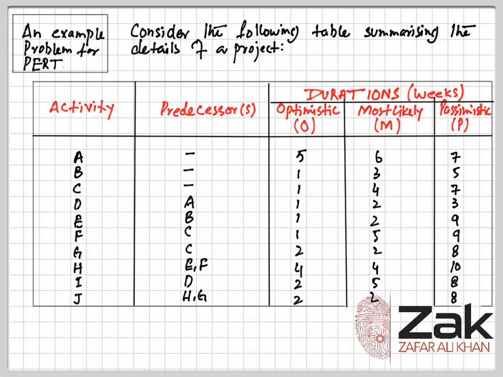There is a terminology we might be using, that is event. An event is a point that marks the start or the completion of one or more activities. It consumes no time and uses no resources.